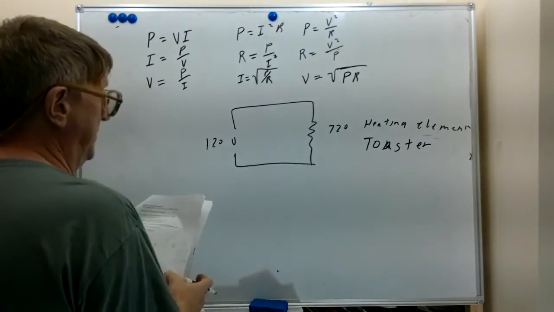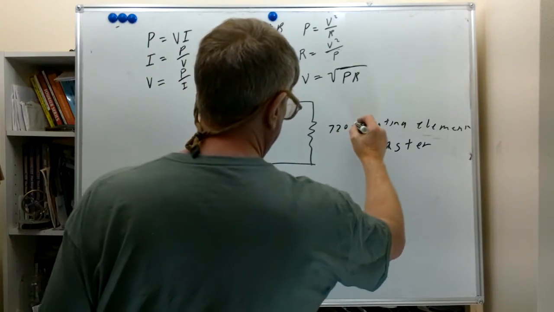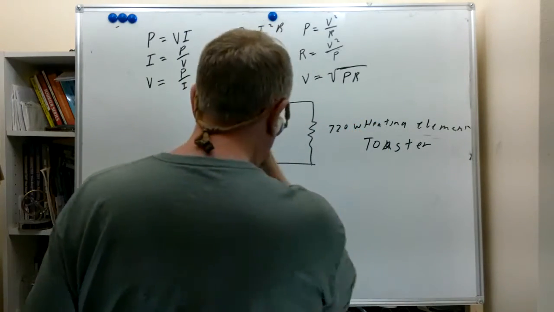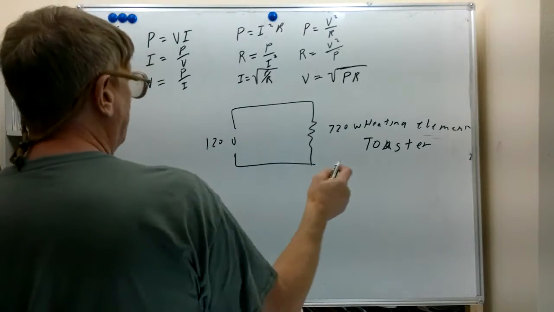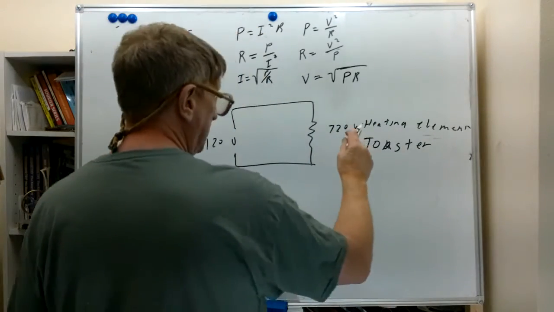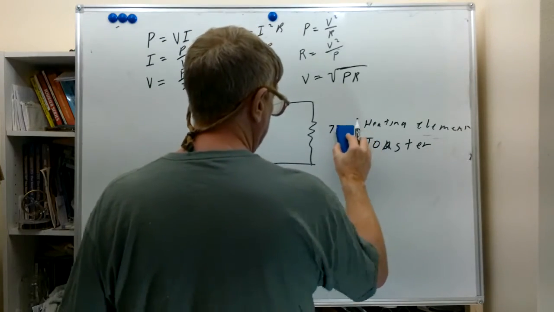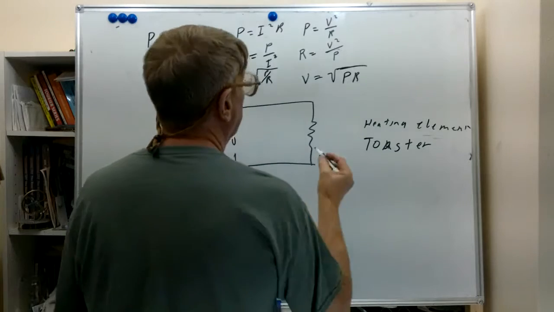We want to know the current. We have the voltage, we have the wattage. So we need to find a formula that solves for current using power. I'm going to give it a little gap here so you can see.